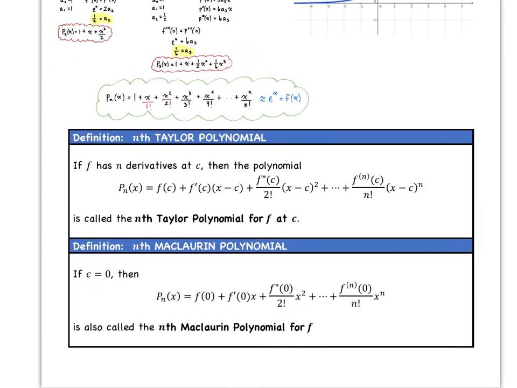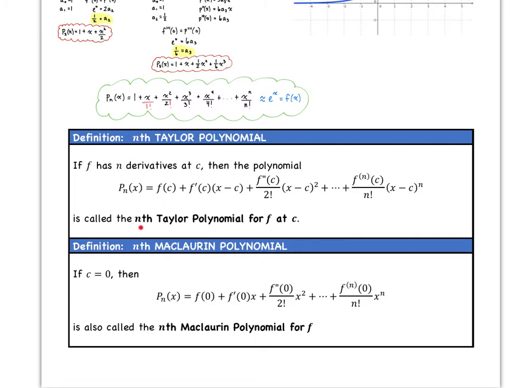So this leads us to the Nth Taylor Polynomial. Okay, so the Nth Taylor polynomial, if f has n derivatives at some value c, then we can write the polynomial p, an nth degree polynomial, as equal to f of that c value plus f prime of that c value times x minus c plus f double prime of c over 2 factorial times x minus c squared, so on and so forth, plus the nth derivative of f at c over n factorial times x minus c to the n power.